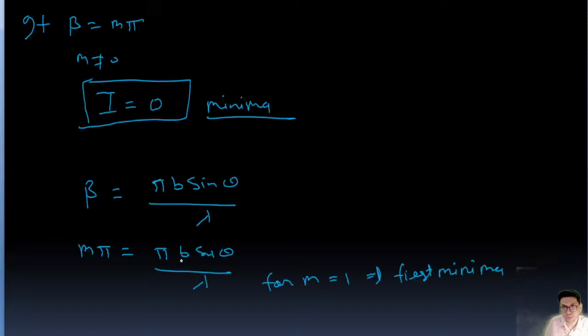From here we have put m equal to 1, pi will get cancelled, sine theta is going to be lambda upon b, right? So from here the value of theta is going to be sine inverse lambda by b. B is the width of the slit, and lambda is the wavelength of the light or wave. Okay, so this is the one.